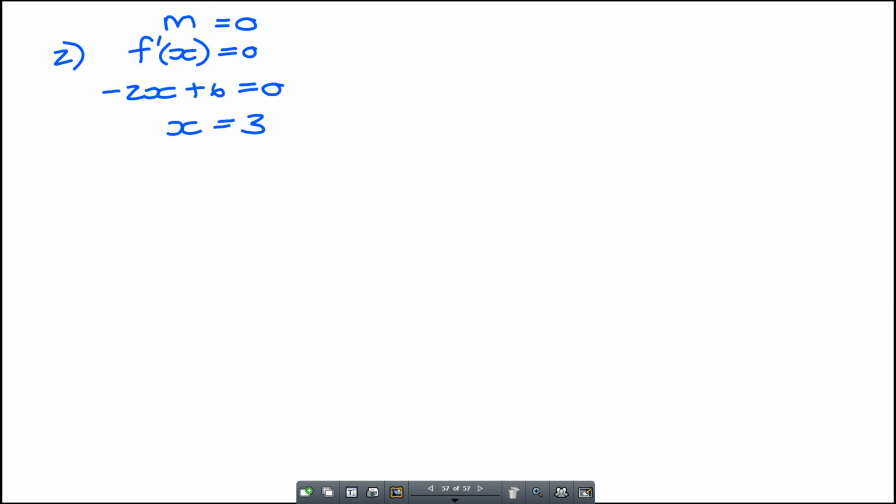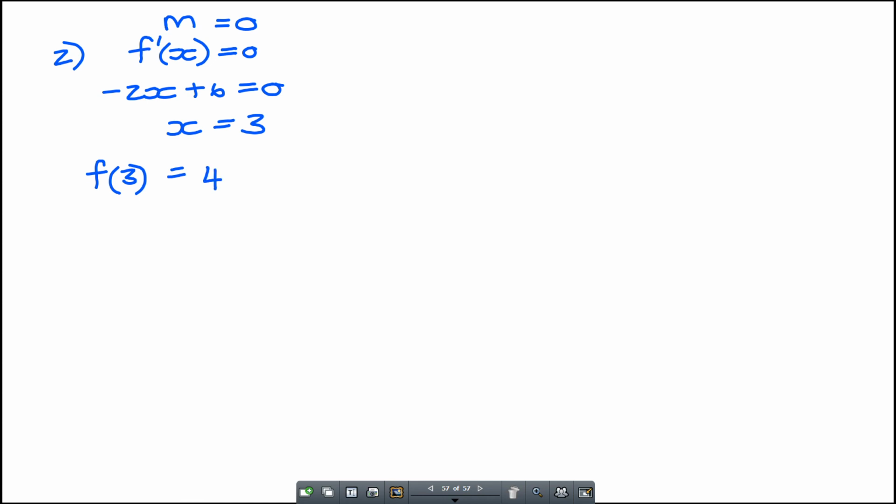And that is then how they get to, en kyk gou hier. Dit staan nie nou so op die bladsytjie nie, but I just want to show you guys because yesterday I saw one of you asked a question about this. So we use that x value and we substitute it into the original fx, the original equation. And then we got 4.